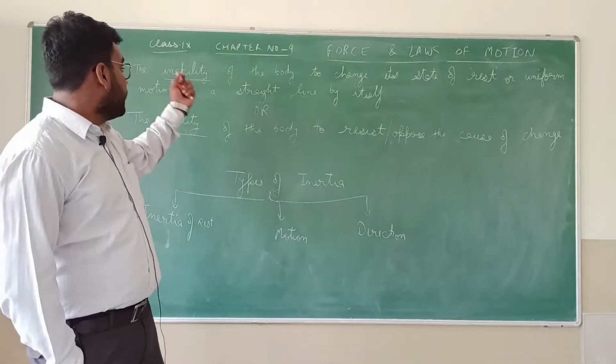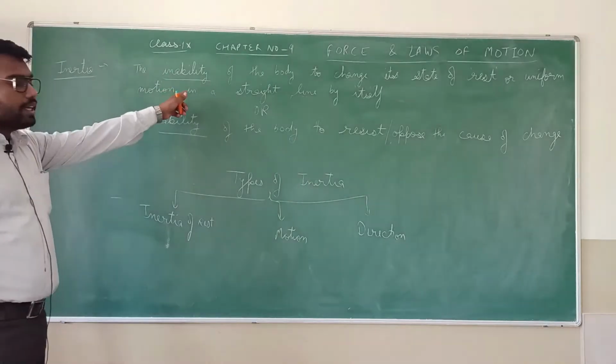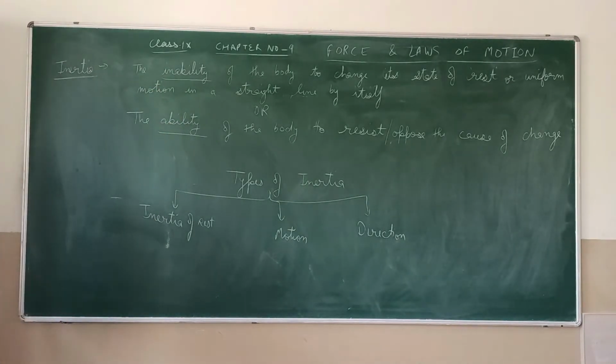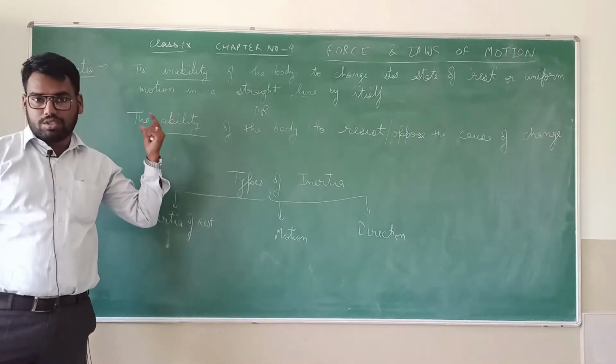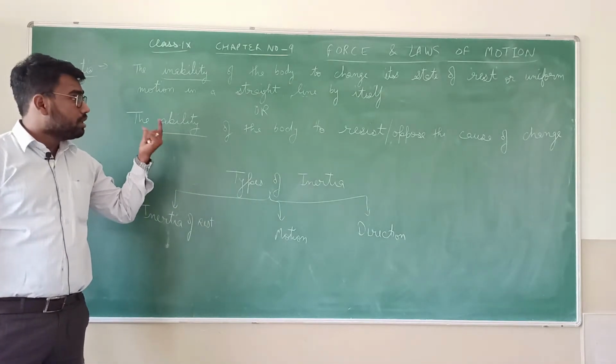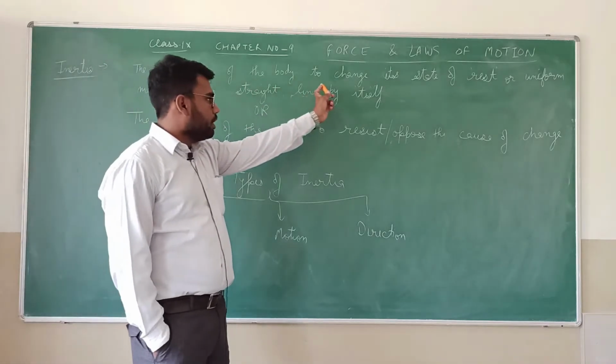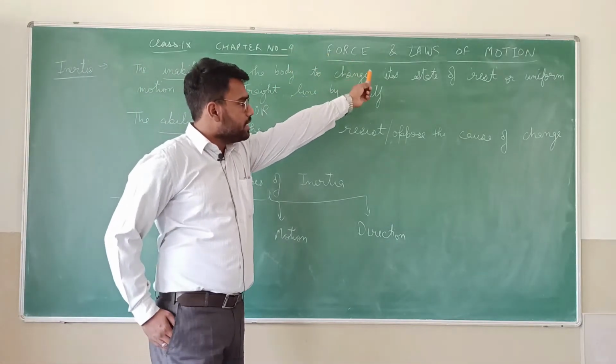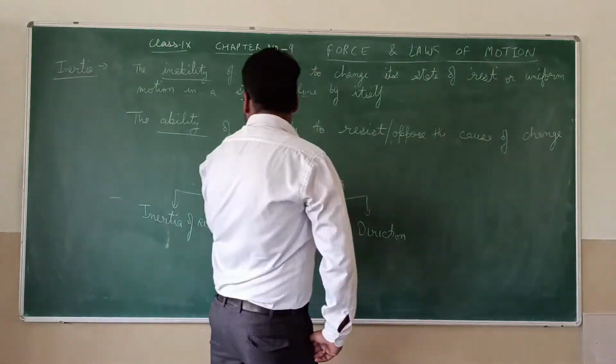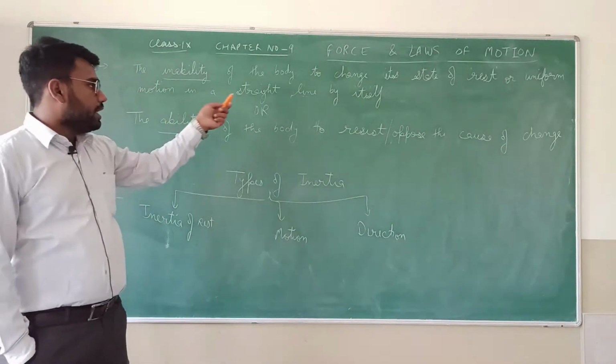That is called inertia. Not a single non-living object is able to move by itself. So we call it the inability of a body or an object to change its state of rest or uniform motion in a straight line by itself.